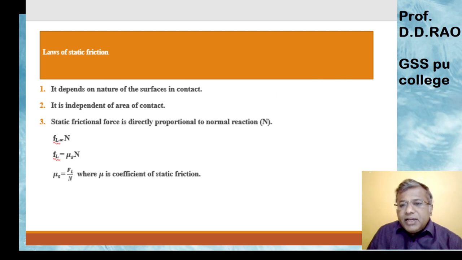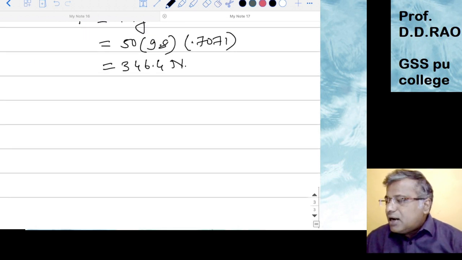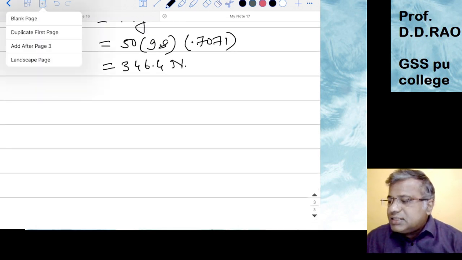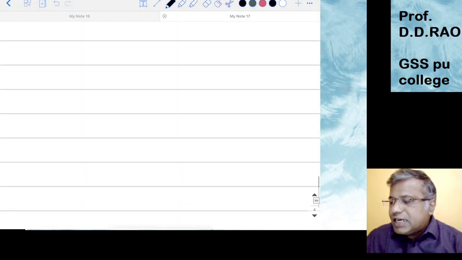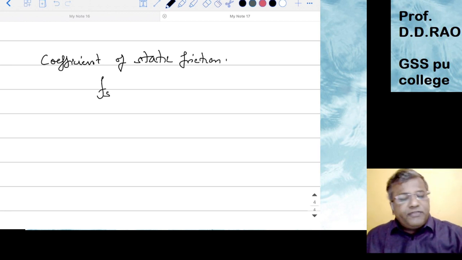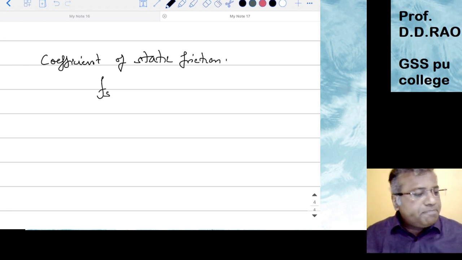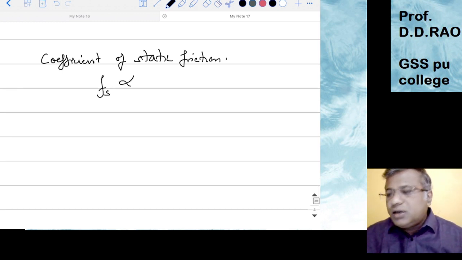Okay. Now if I come back to the theoretical part, I'll discuss this very important thing, which I will call the coefficient of static friction. We know that Fs is the frictional force, and it is directly proportional to the normal reaction.